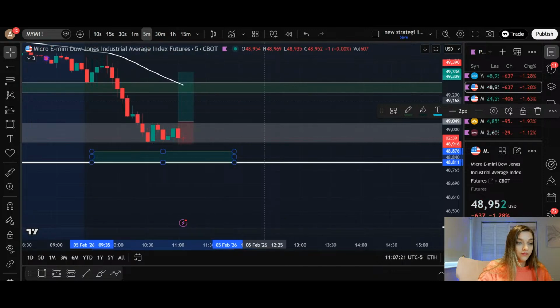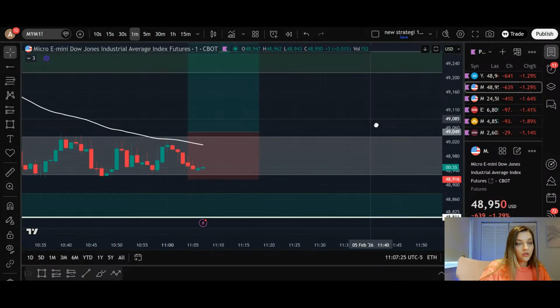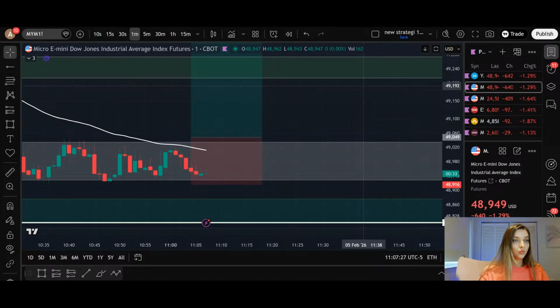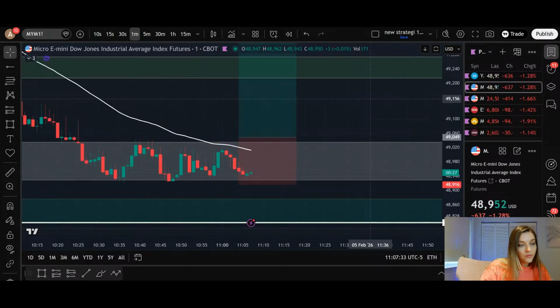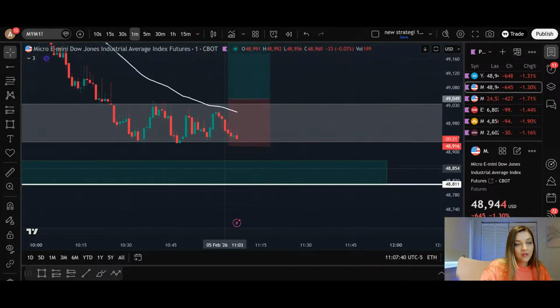But yeah, I'm waiting for the price to go above the EMA so I can go long, or short right now. Break this consolidation too and give me a retest, but I have this on my way.